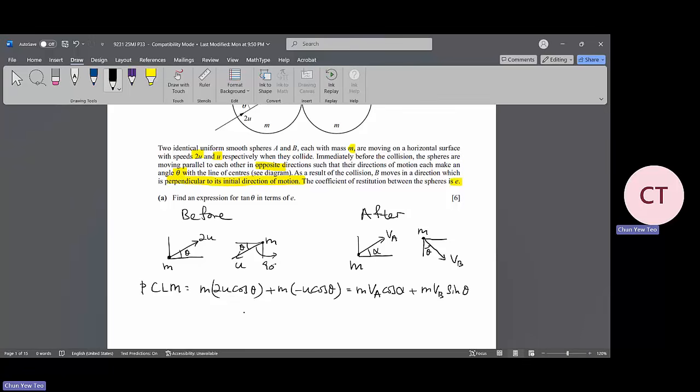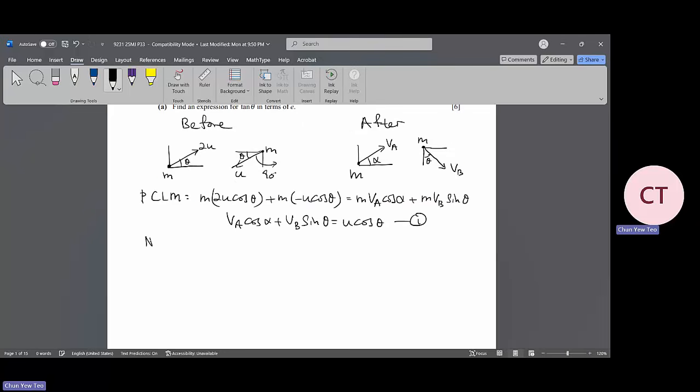So we cancel all the m and join together. We have VA cos alpha plus VB sin theta equals u cos theta. That will be my equation number 1.